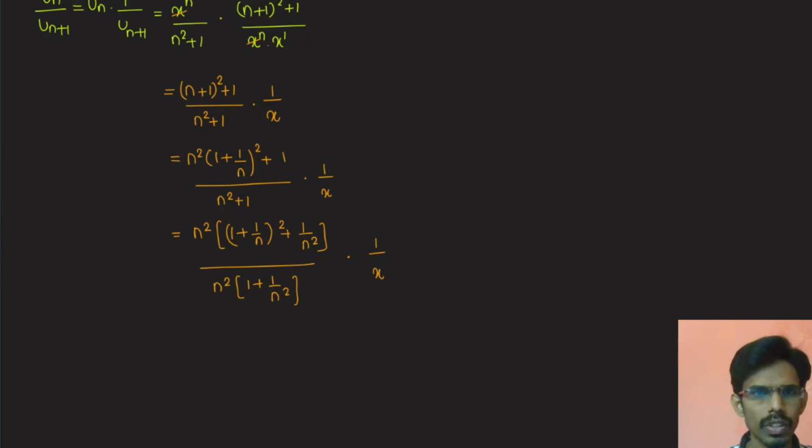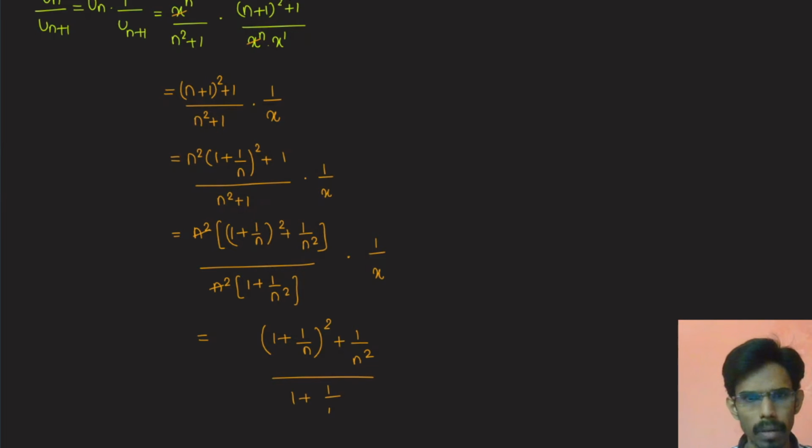Now this n square and this n square will get cancelled. We have 1 plus 1 by n plus 1 by n square upon 1 plus 1 by n square into 1 by x. This is the value of un upon un plus 1.